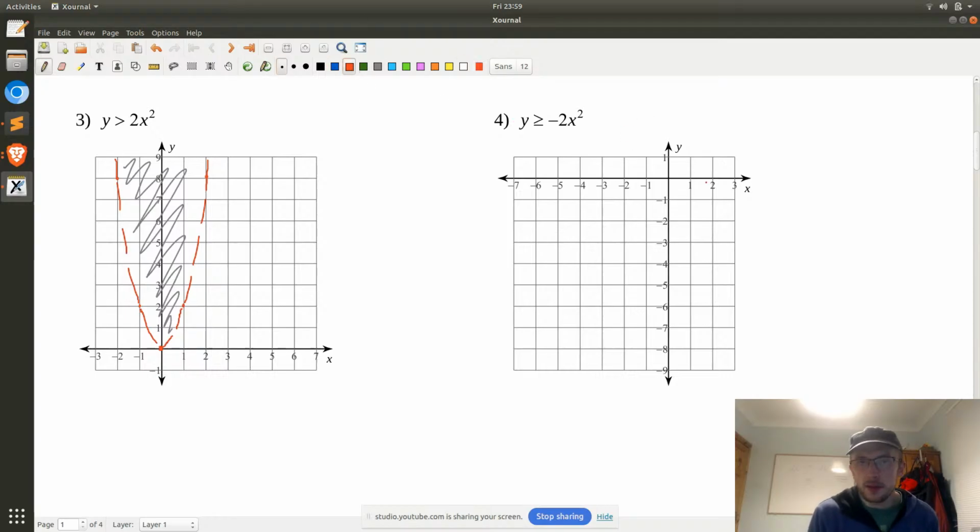y is greater than or equal to negative 2x squared. All right, so that's very similar to before. And checking now.